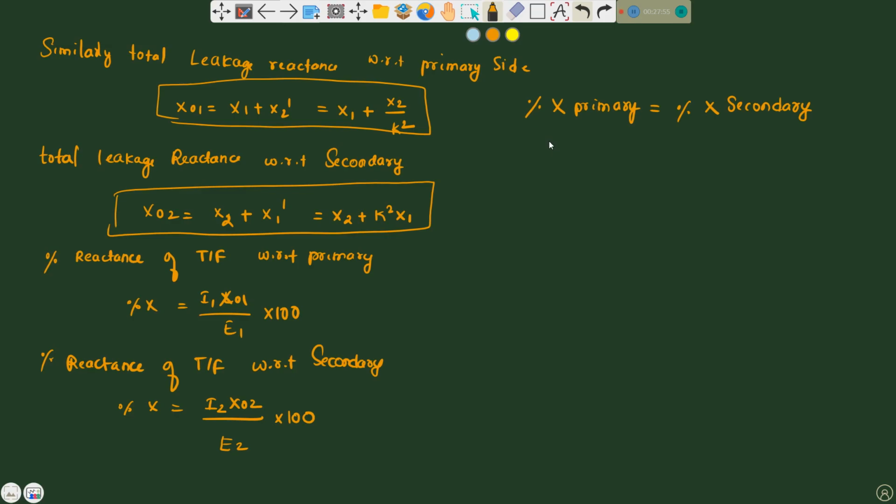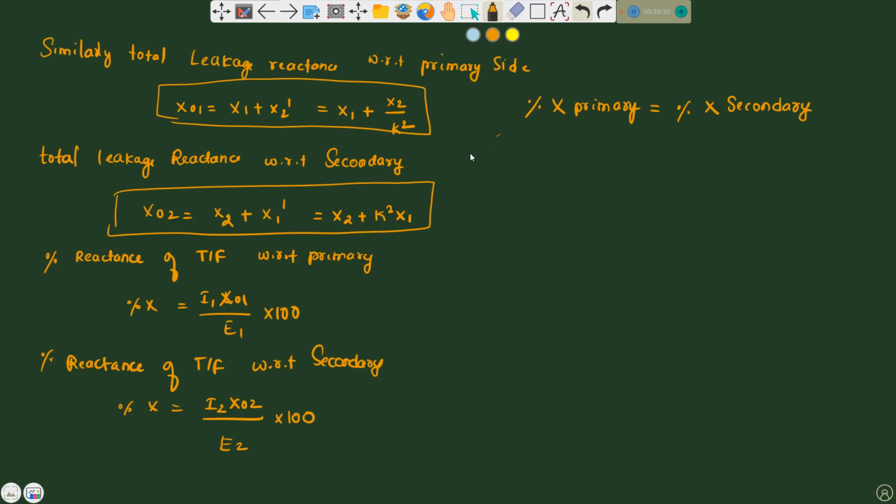As the percentage reactances on both the sides, primary and secondary, are the same, these can be easily transferred from one side to the other, that is primary to secondary or secondary to primary, when compared to reactance in ohmic value. Hence the transformer leakage reactances are generally expressed in PU only, per unit values only.